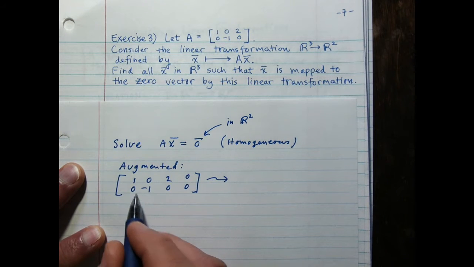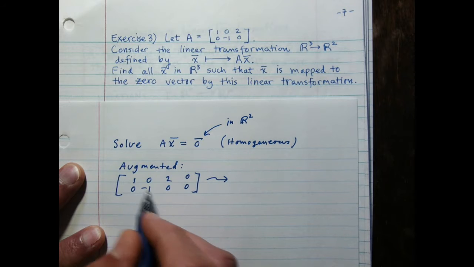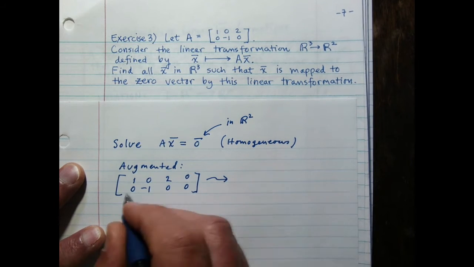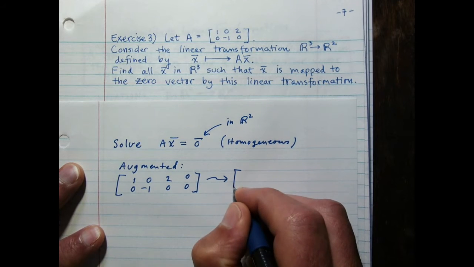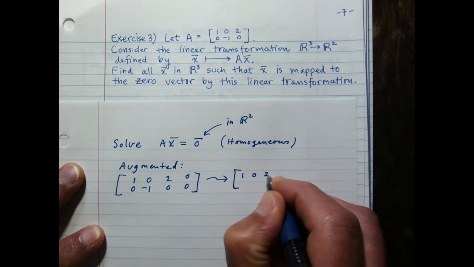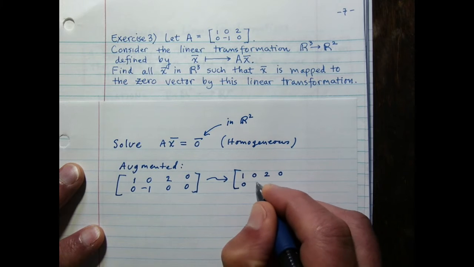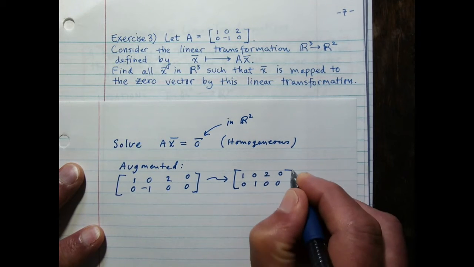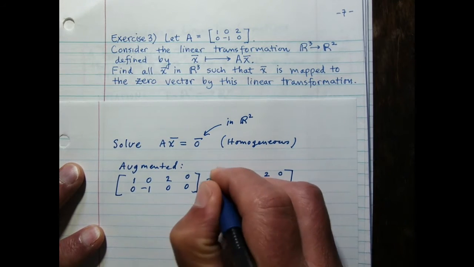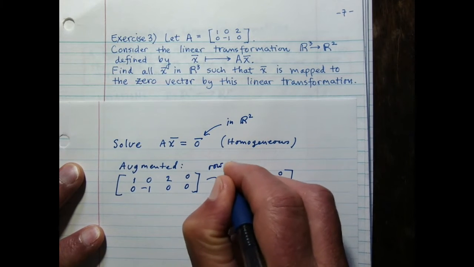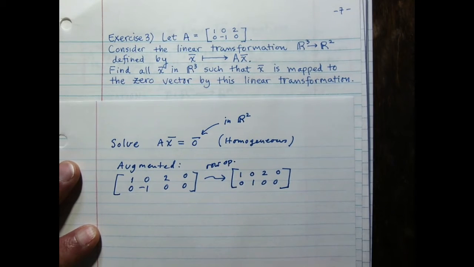In fact, here, I'm almost in reduced form. I'm just going to multiply the second row by negative 1. So I'm going to just say one row operation.